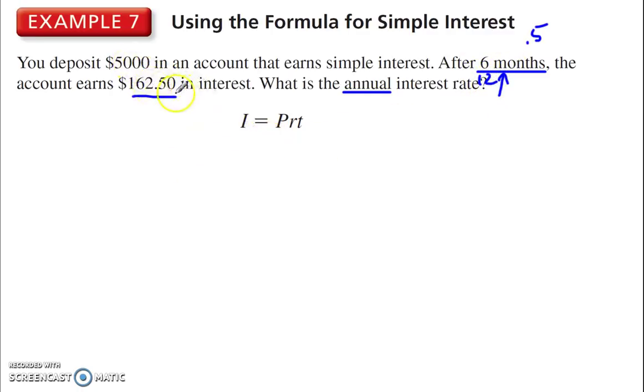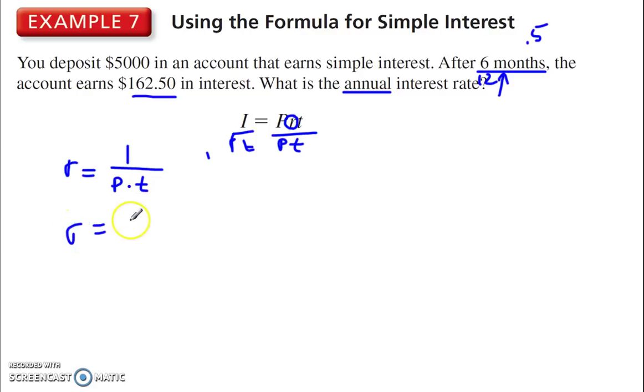All right, so we know that the interest is 162.50. We want to solve for the interest rate, so we're solving for R, which means we divide by P and T on each side. So our rate, R, is the interest divided by the principal times the time.